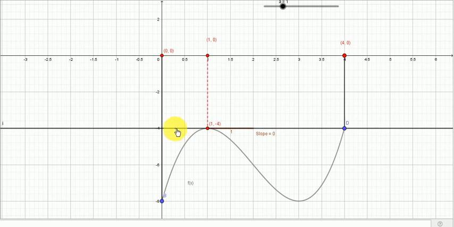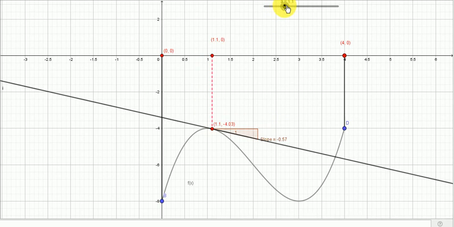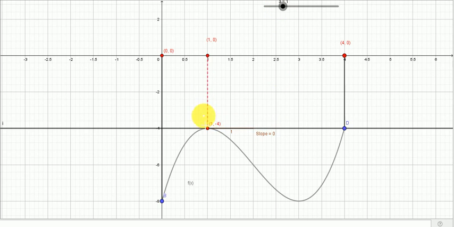This is the turning point because this is the point of maximum, and at this turning point the derivative is always 0, meaning the slope of the tangent at that point is 0. Like you can see, when I moved a little away from that turning point, the slope became 1.32, but at the point of maximum, that means at the stationary or turning point, the slope will be 0.